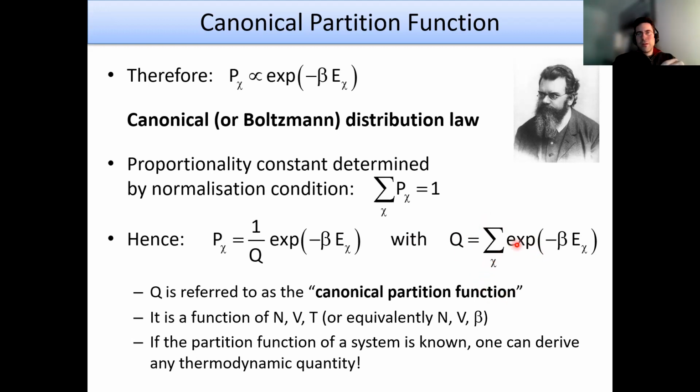But the point is that if you divide the partition function into smaller sums, these smaller sums are proportional to how frequently you're going to visit the states to which these sums pertain. Okay.